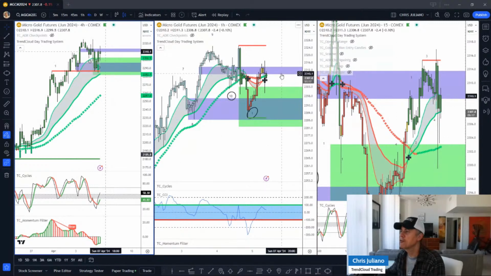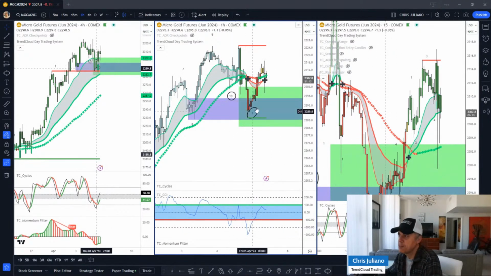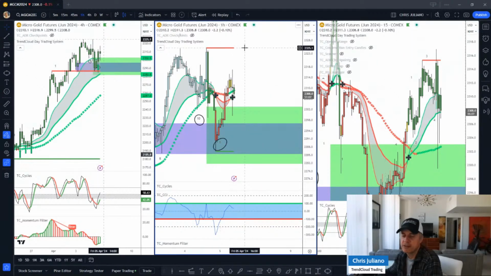So that should lead you to believe that this deep pullback here is a recalculation so that we can continue the move up. So what do we have? What pieces of information do we have?